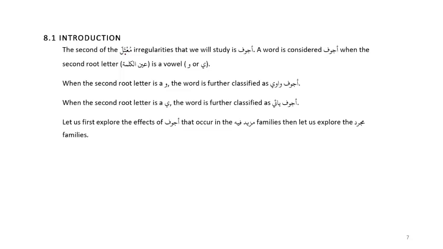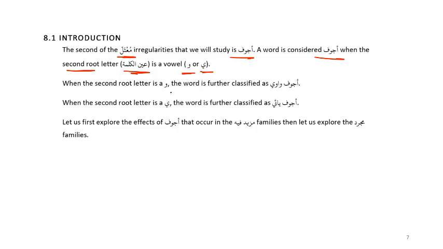Okay, so now let's get into the meat of this chapter. The second of the mu'attal, the first of the mu'attal was mithal, where we have a root where we have a harf-e illat as the fa letter. The second of the mu'attal is ajwaf. A word is considered ajwaf when the second root letter, which is the ain letter, is either a ya or a waw.